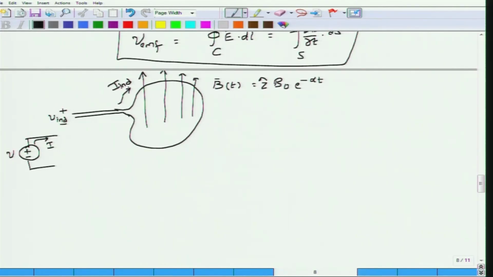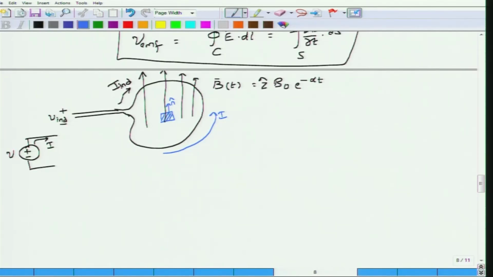Now before you can do that, here is a typical idea to remember. Let us assume a certain polarity for the surface. This is an open surface, so the surface normal can point upwards or downwards. We allow the surface normal to point in a direction such that if I curl my fingers using the right hand rule, the thumb points along the B field.